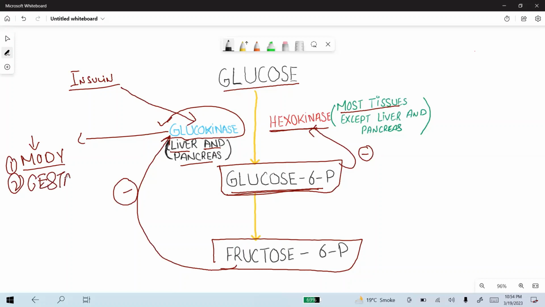These two are the high-yield points related to glucokinase. Again, the important point is that glucokinase is present in the liver and pancreas, while hexokinase is present in most tissues except the liver and pancreas.